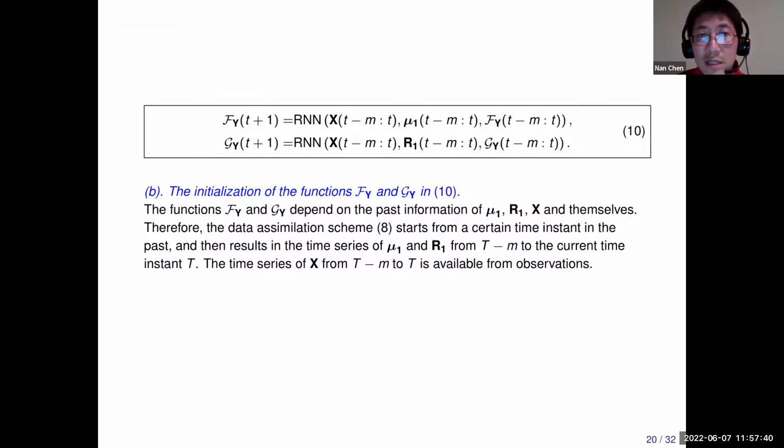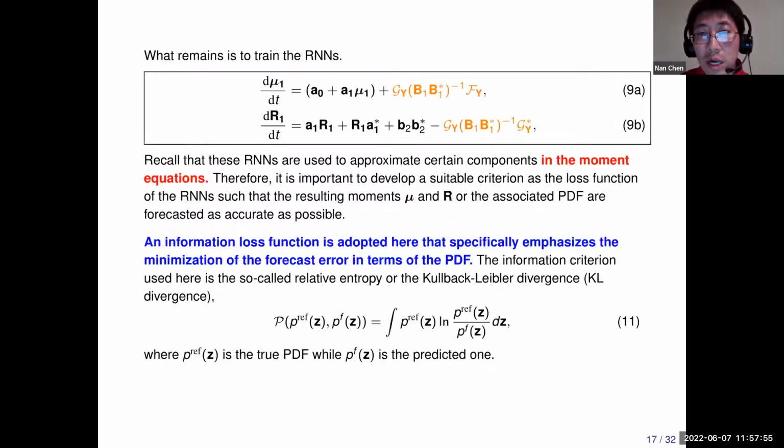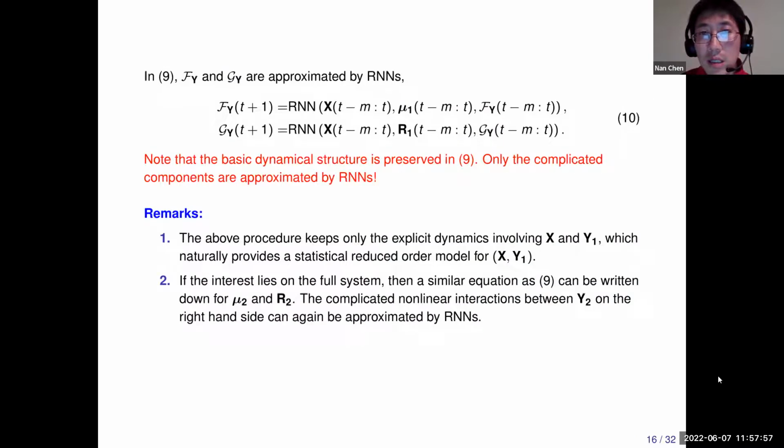The initialization here is slightly different from the traditional ensemble forecast, because when you do the traditional ensemble forecast, you only need to do the data assimilation at the current time instant, right? Okay. So here, because this neural network requires some memories, like here we forecast t plus 1, but we need the information not just at t, but going back to t minus n. So we do need to run the model first for a grace period to get some data.